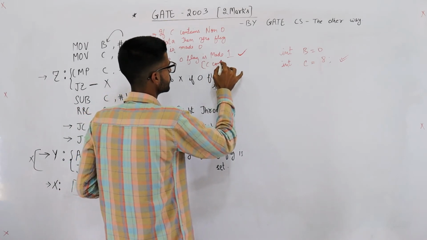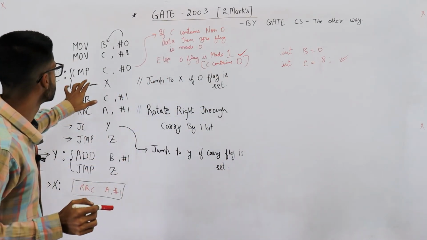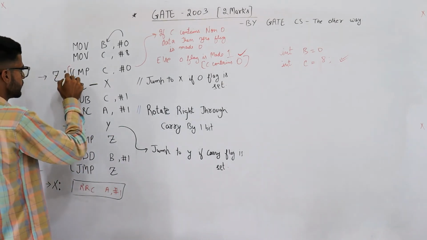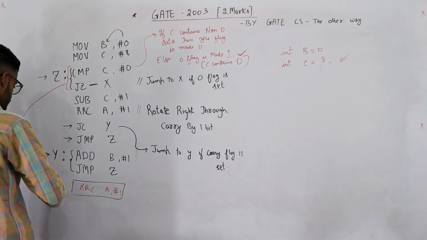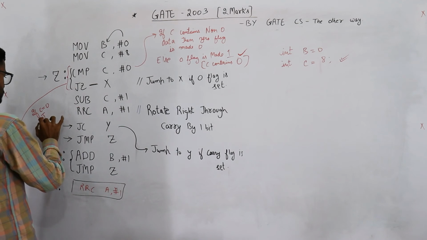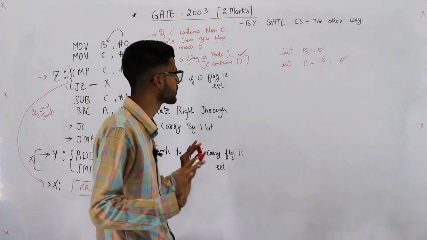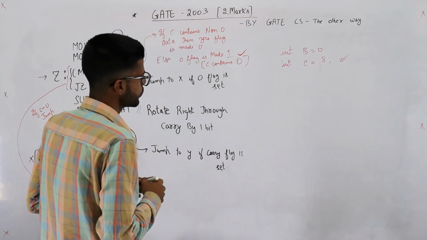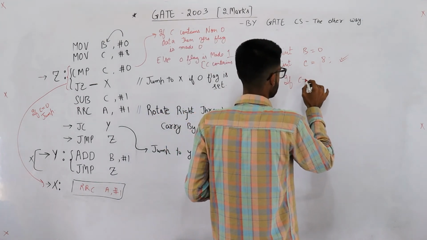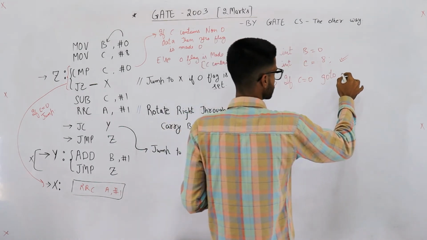That means when data in C is 0, you jump to X. In simple words, these two lines say if C is equal to 0, jump. If C is not equal to 0, don't jump. In simple words, this is the meaning. So I'll just write it. For the time being, I'll write it as it is. If C is equal to 0, go to X.